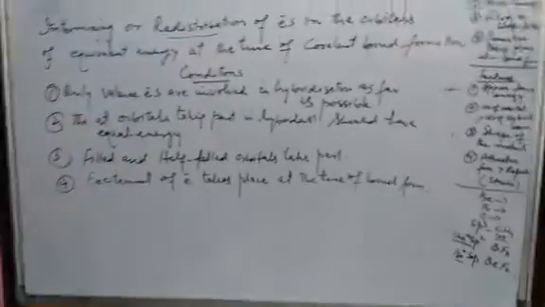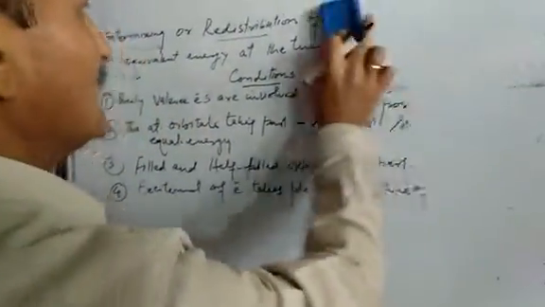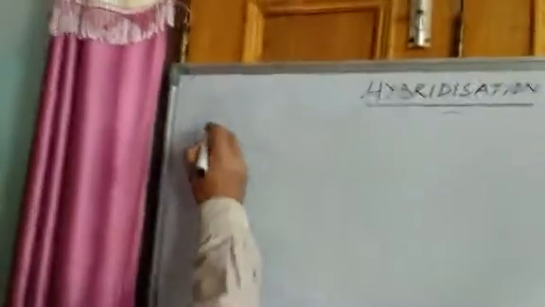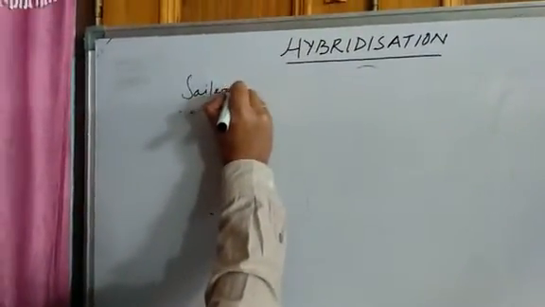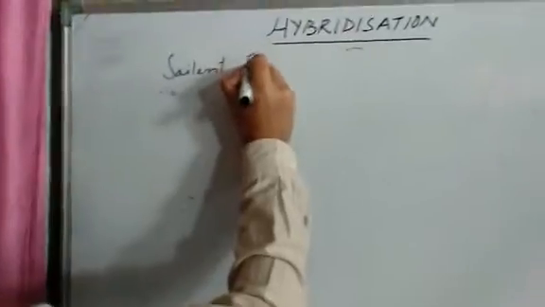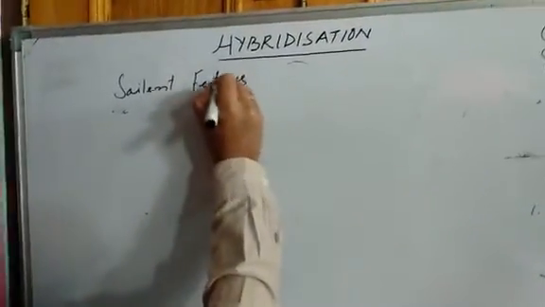Then this hybridization has some salient features, the features we have to look at when hybridization takes place. Let us take them into account.